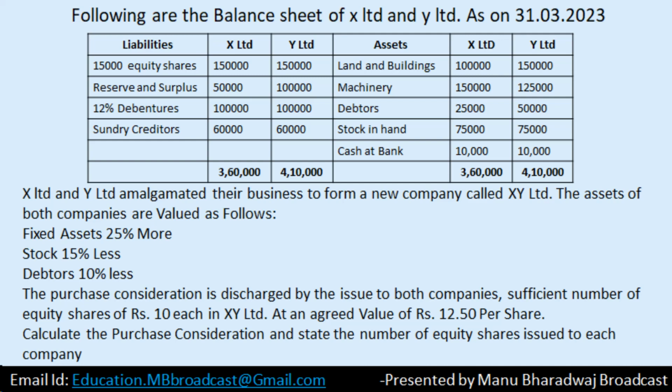The purchase consideration is discharged by the issue to both the companies of a sufficient number of equity shares of rupees 10 each in XY Limited at an agreed value of rupees 12.50 per share. Calculate the purchase consideration and state the number of equity shares issued to each company.